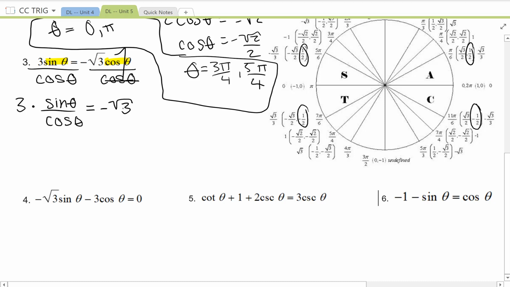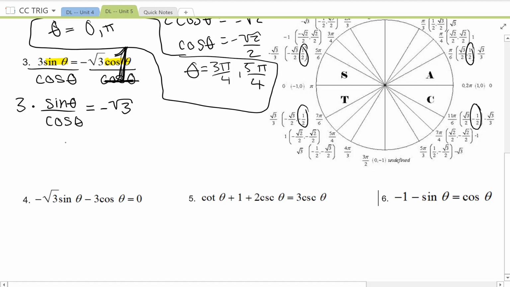You can only divide by cosine if it reduces to 1 on one side. If you reduce to 1 on both sides, then you're losing answers to your equation. Okay, you're just straight up dividing out solutions that are solutions. So you cannot do it if it crosses off on both sides.